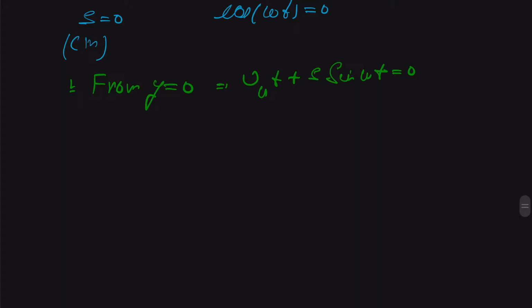From here we can calculate our value of s. So s will be equal to minus v of g times t divided by sine omega t.